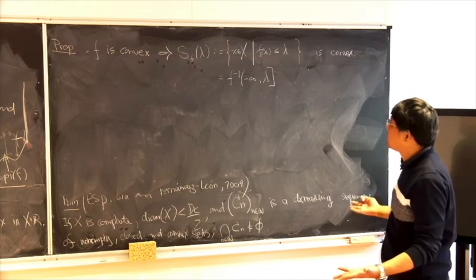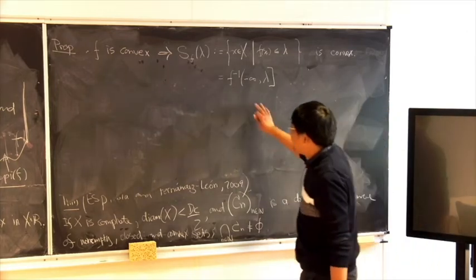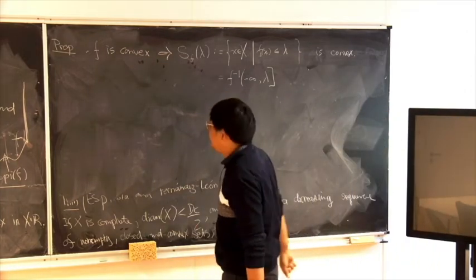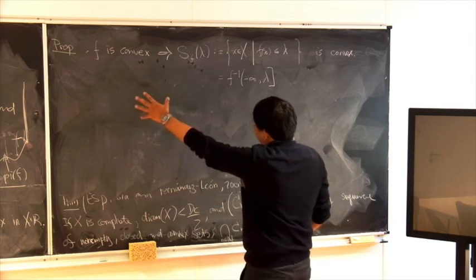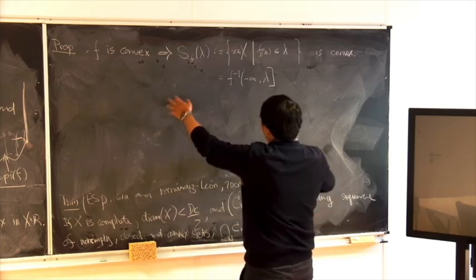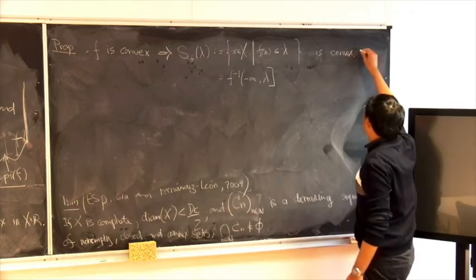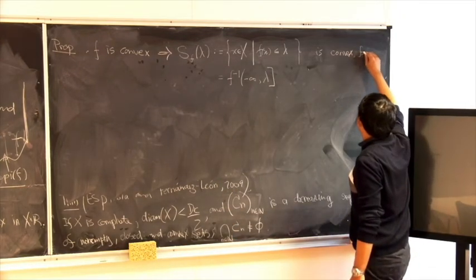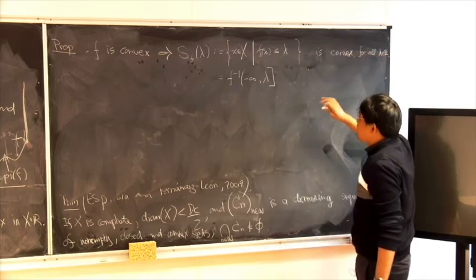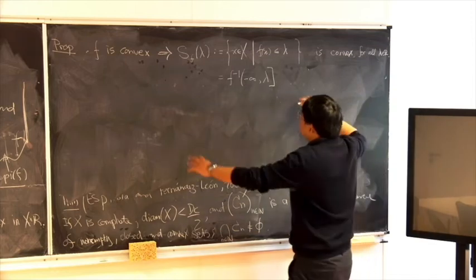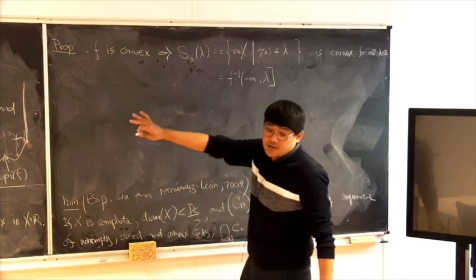Okay, nothing new. And for this, it is only a one-sided implication. There are functions for which every sublevel set is convex for all lambda, sorry, there are functions for which all the sublevel sets are convex, but the function is not convex.